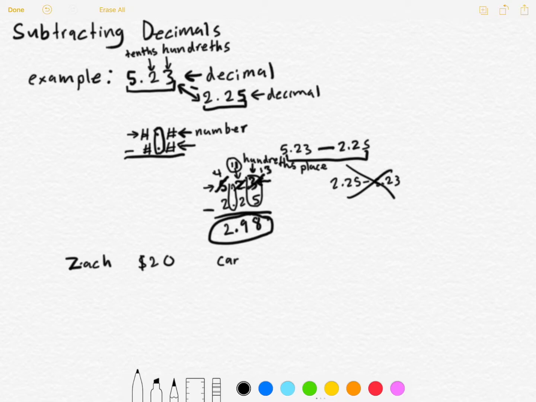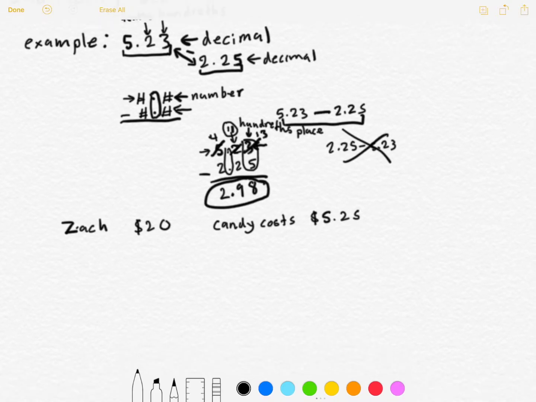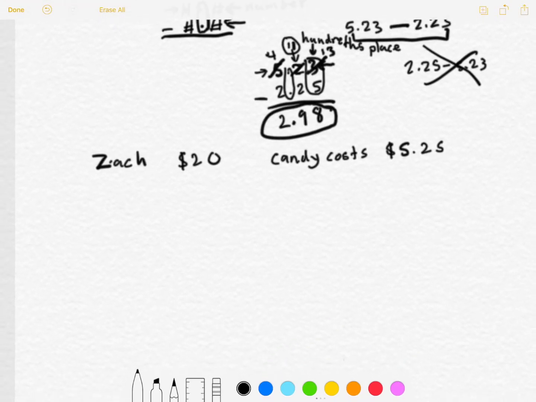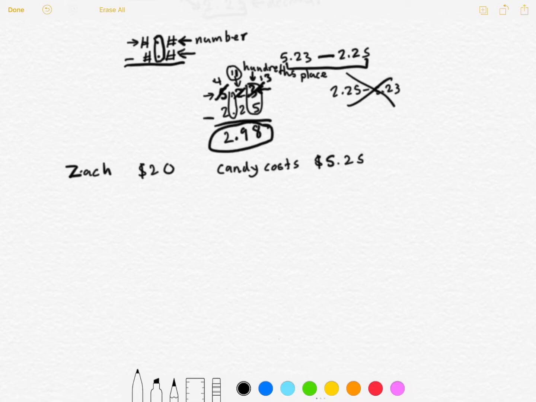So the candy costs $5.25. Okay, so as I said, the order matters here when subtracting.